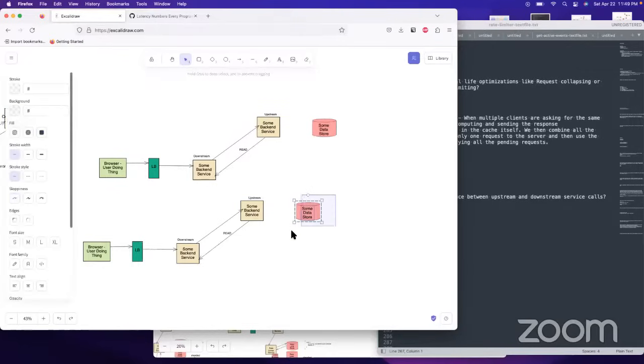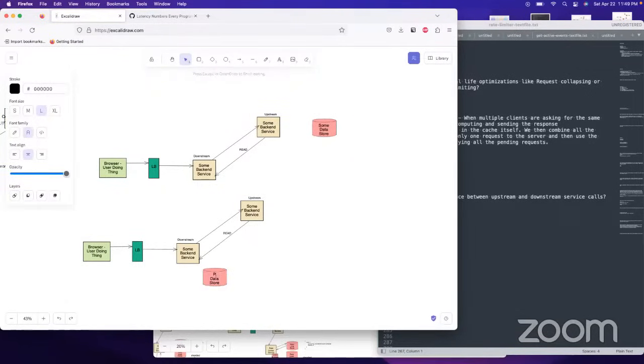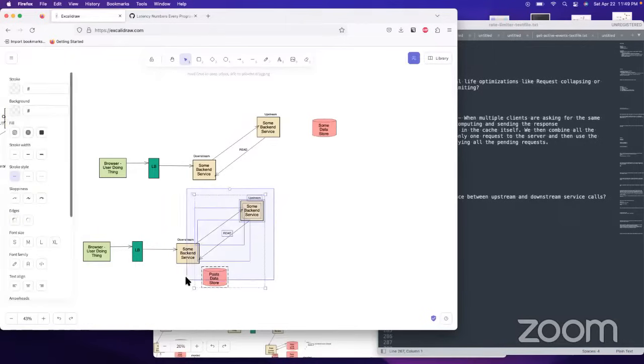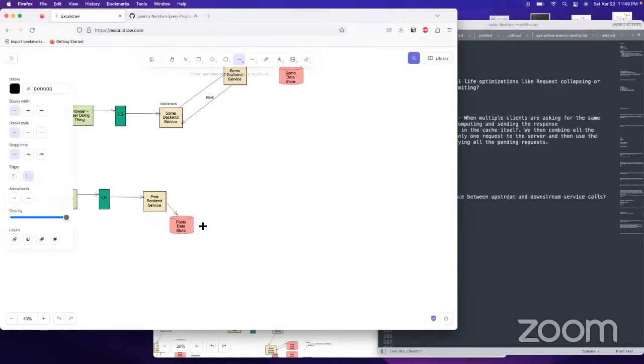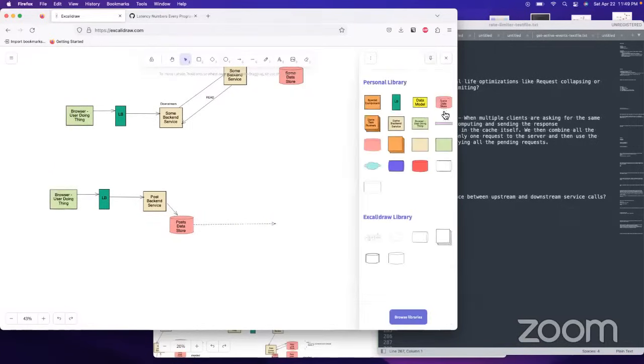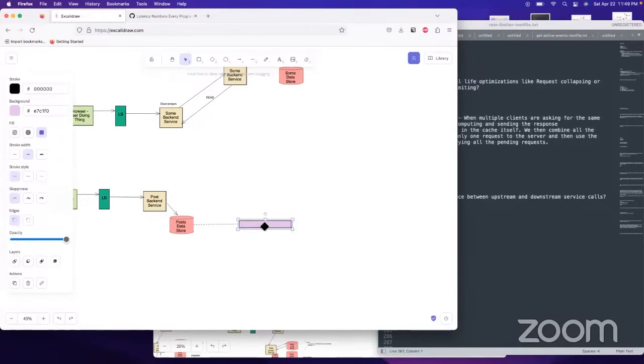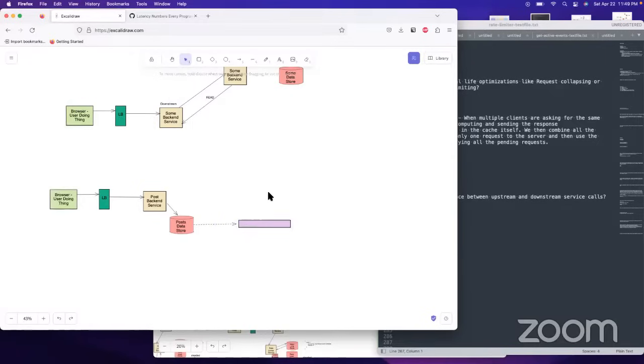If on the other hand, you were doing a write to a database. For example, you had your own database, it's the post data store, storing posts in here. And it's the post backend service. So you write your post to it, and then you're doing some kind of change data capture like this. You might even stuff it into a stream or something. This is based off of a real production service that I have seen.